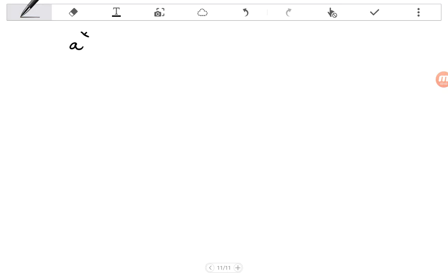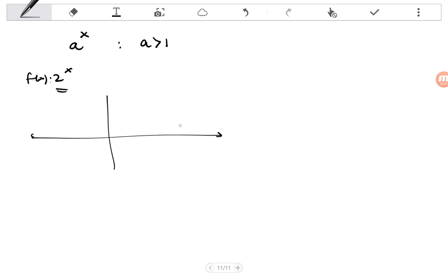Okay, so let's check a power x with the case that a is greater than 1. For example, if we check f of x equal to 2 power x. For this case, let's sketch that function. 2 power 0 gives me 1.